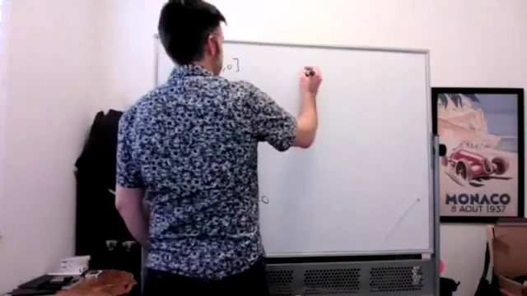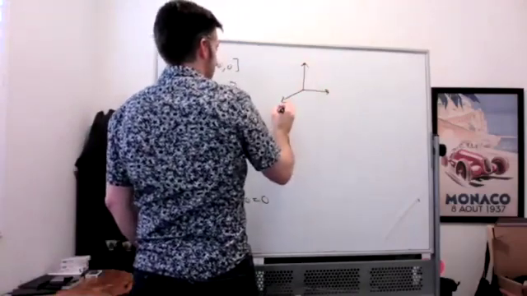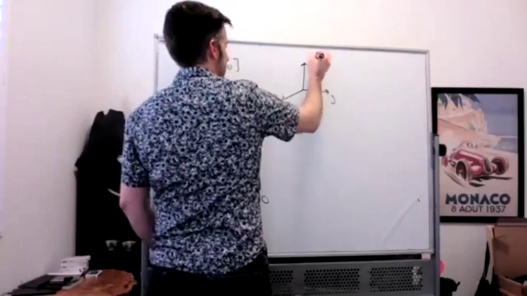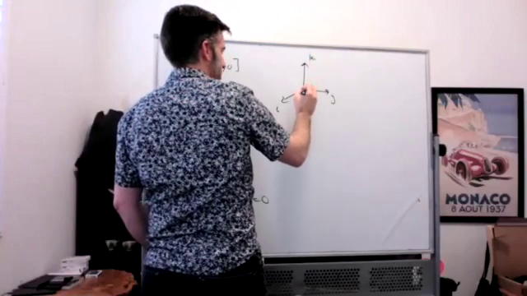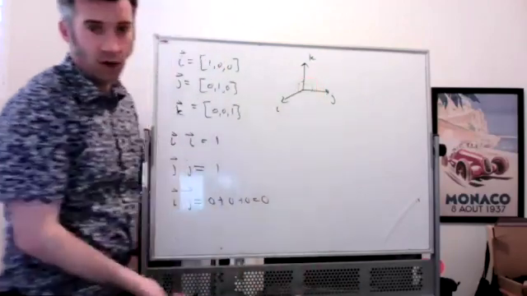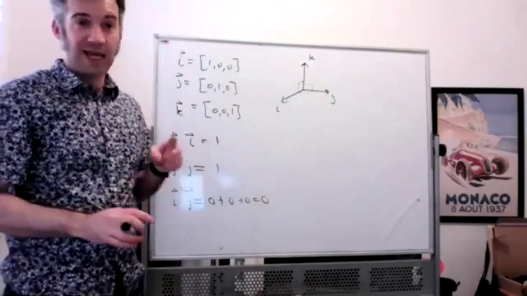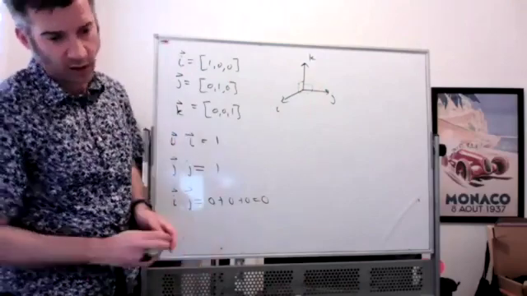All of these vectors, i, j, and k, are definitely perpendicular to each other. So whenever we take a dot product, if the dot product is equal to 0, the vectors are perpendicular.